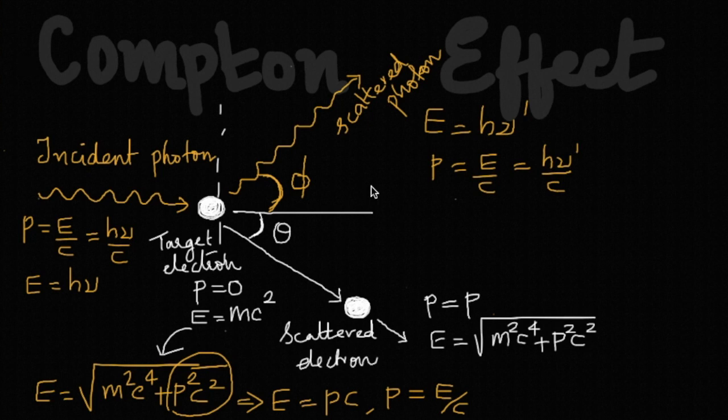So Compton effect is like a collision between a photon and electron as if both were billiard balls. Now we'll try to draw the vector diagram of the momenta and their components of both the incident and the scattered photon as well as the scattered electron. So for that, first let's draw the vector diagram of the momenta for the photon.